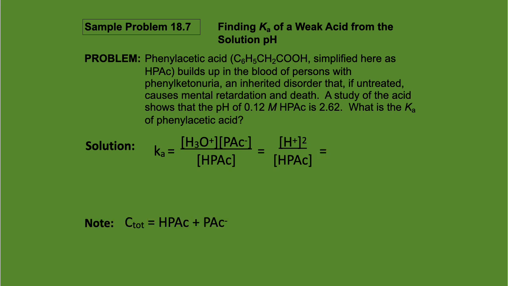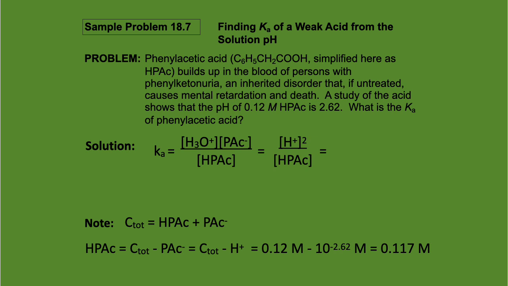We want to note now that the total concentration of the acid in solution is going to be composed of the protonated form of the acid, the HPAC, plus the ion, the conjugate base. The concentration of the HPAC is going to be the 0.12 molar minus the amount of the phenylacetate ion in solution.